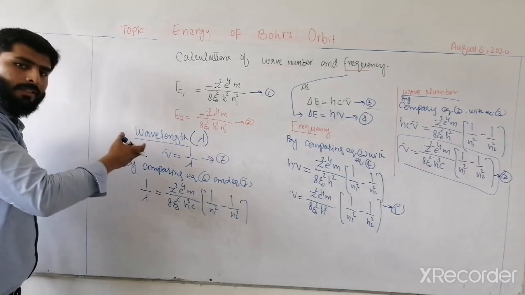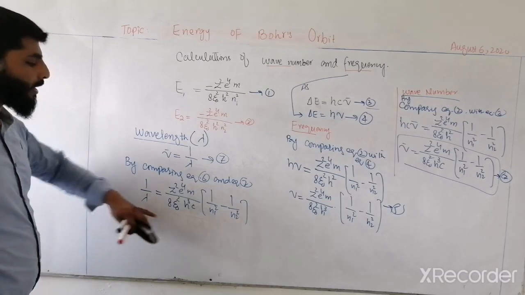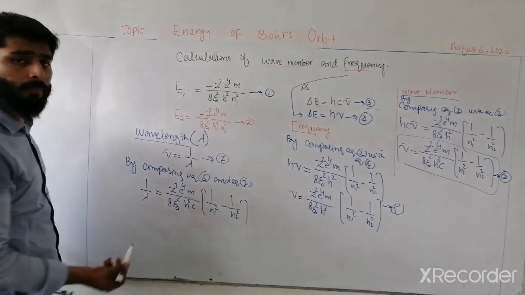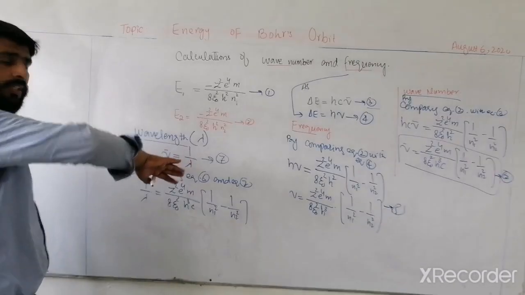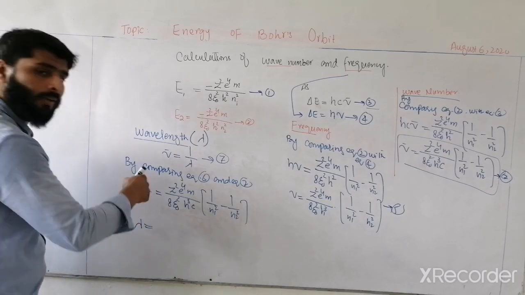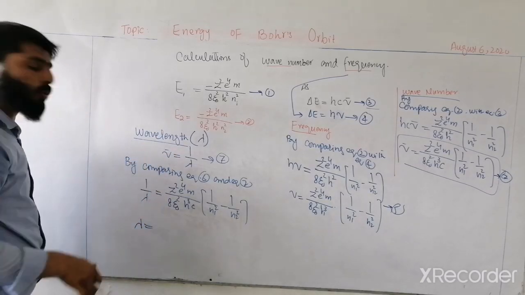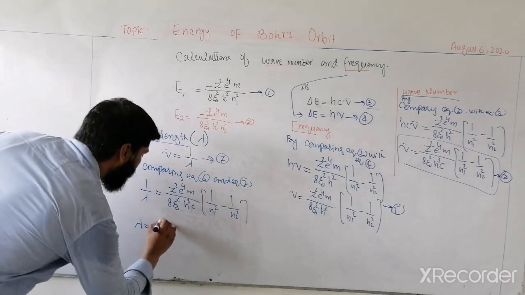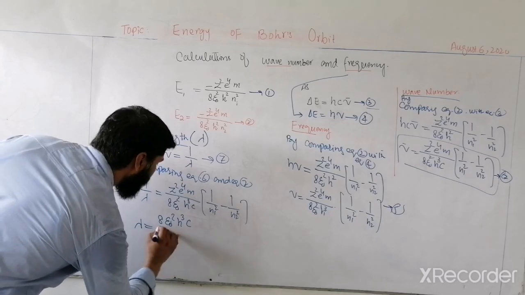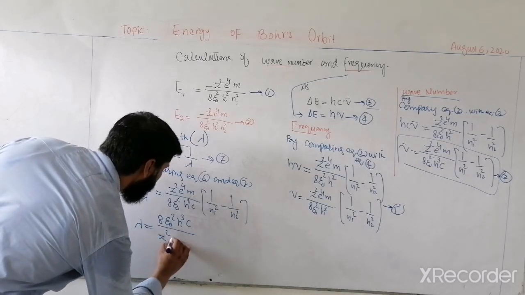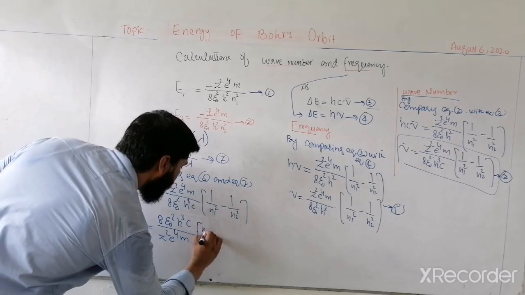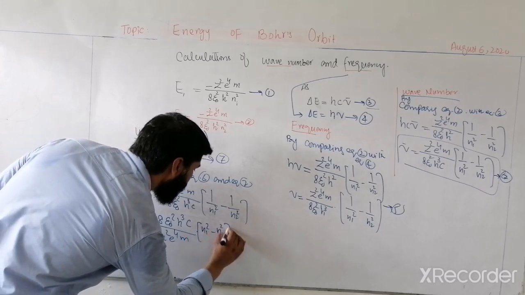So by taking the reciprocal of this equation, lambda will be equal to 8 epsilon naught square h cube c divided by Z square e^4 m into n1 square minus n2 square.